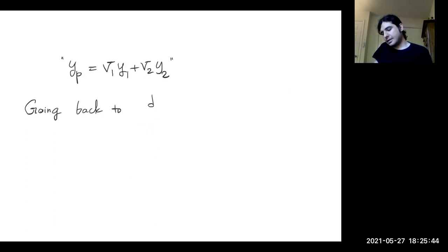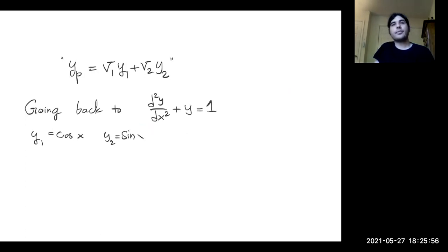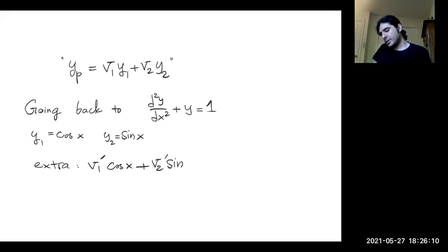Now, going back to the question, with this understanding, we can go back to the equation we had, the second derivative of y with respect to x plus y equals 1. So here y1 and y2 are cosine of x and sine of x, right? The extra equation which we added was v1 prime y1, which is cosine of x, plus v2 prime y2, which is sine of x, equals 0.